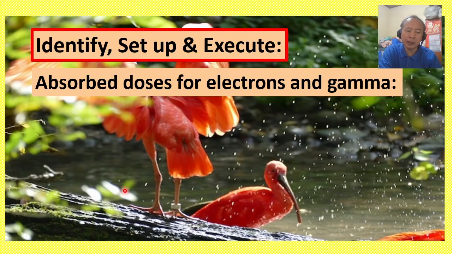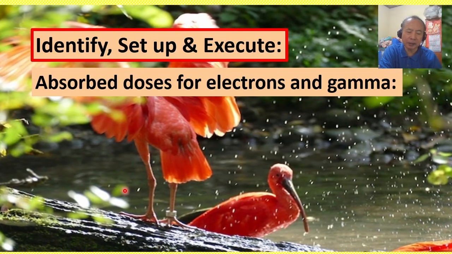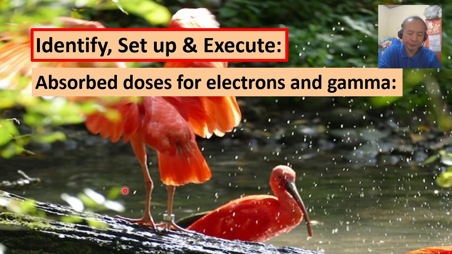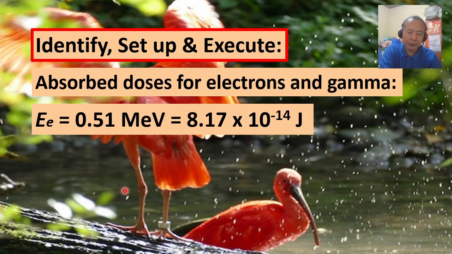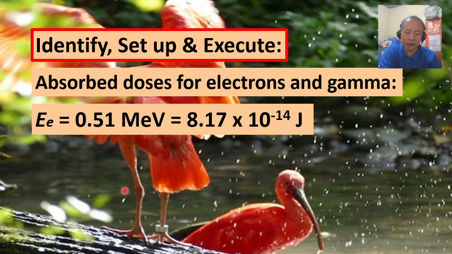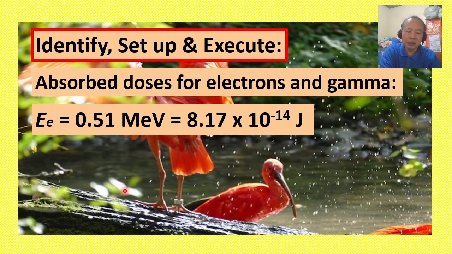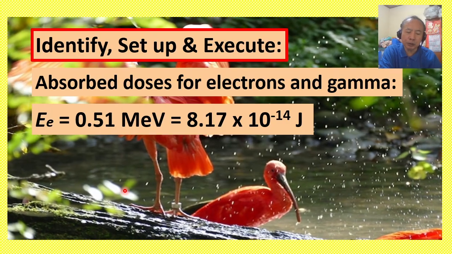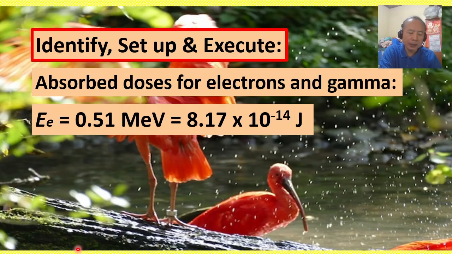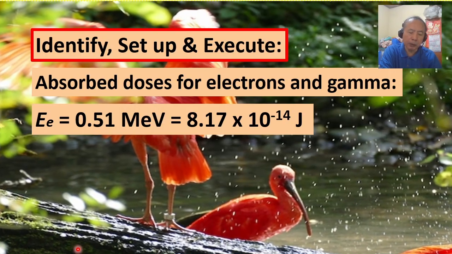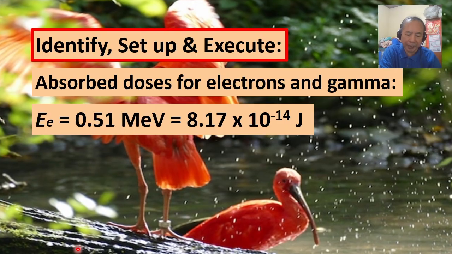So, computing the absorbed doses for electrons and gamma rays. The beta decay emission by the isotope cesium-137 has an accompanying emission of a total of 1.17 million electron volts of energy per decay.